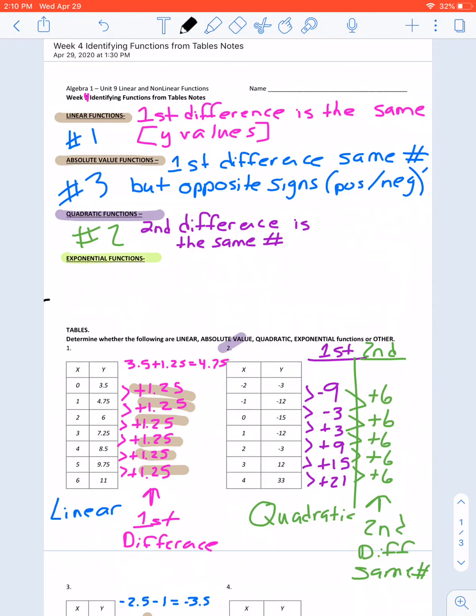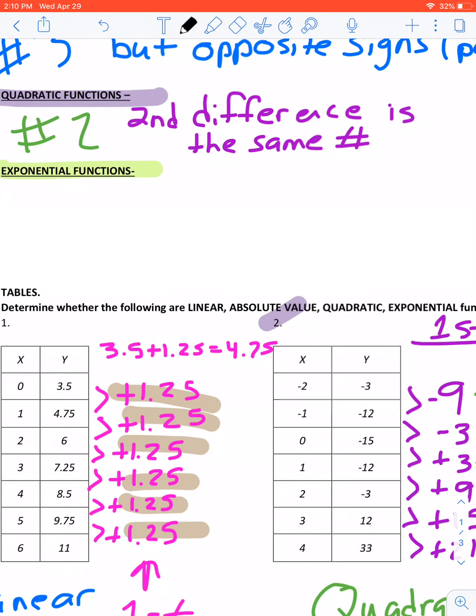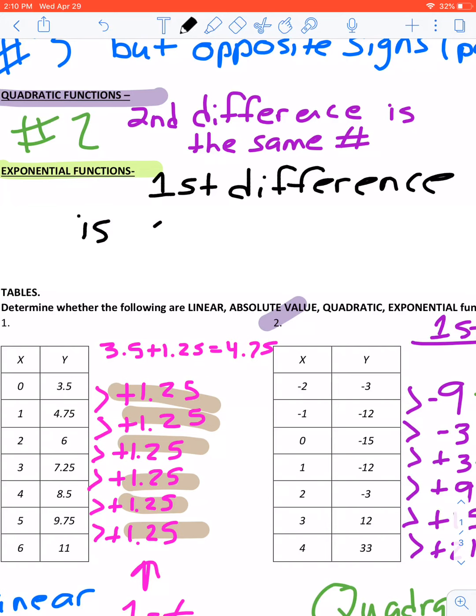So an exponential function, what is that? It has to do with the first difference. The first difference is multiplied or divided by a number.